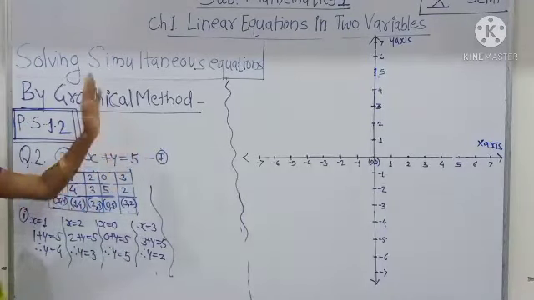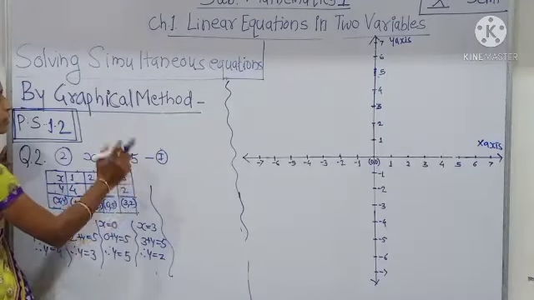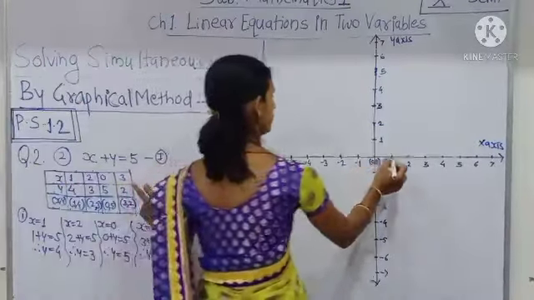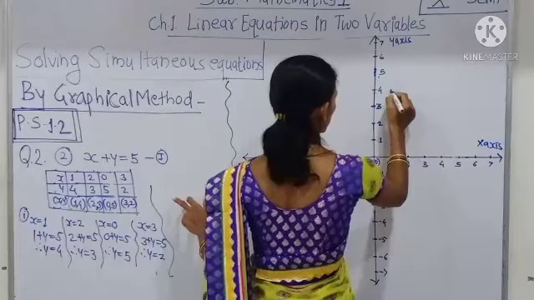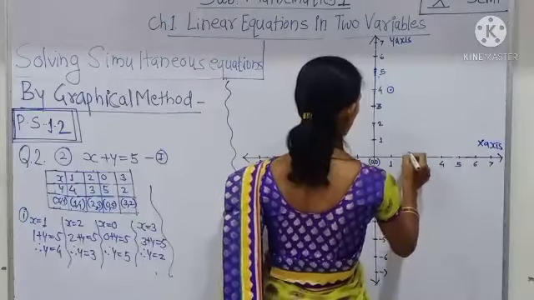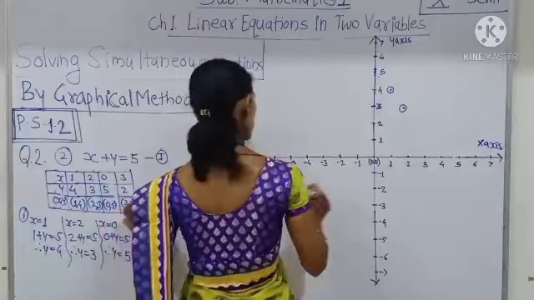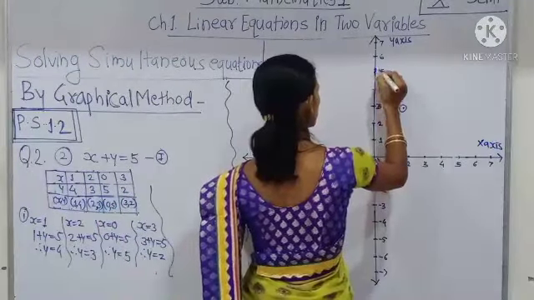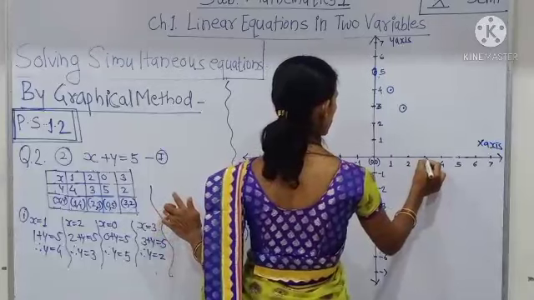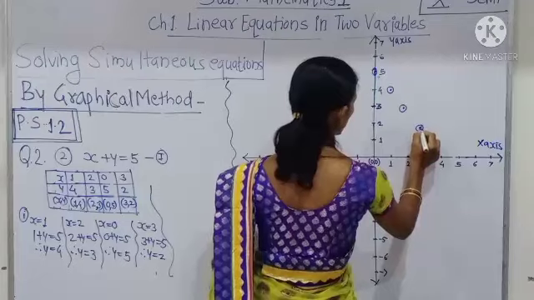First of all, we have to plot the graph of this first linear equation in 2 variables. See here, 1, 4 is the first point, 2, 3 is the second point, 0, 5 is the third point, and 3, 2, that is 3 on the x-axis and 2 on the y-axis, is the fourth point.